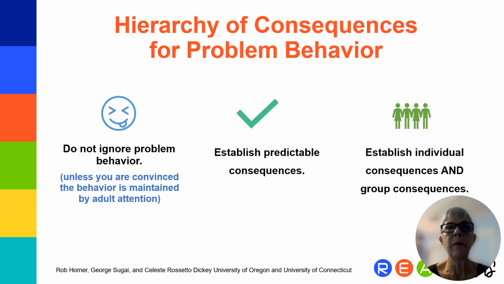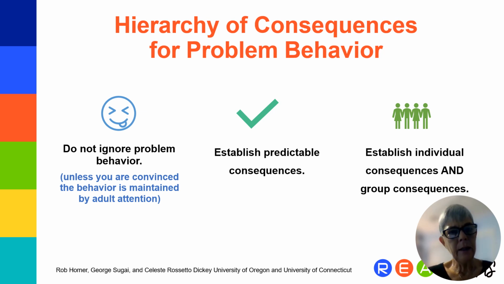The next thing is that consequences should be predictable. They should be established, predictable consequences, meaning if I'm a student in your classroom and I choose to do A, B, or C, I should know what the consequence is going to be before I choose to do that behavior. The other thing is that it needs to be consistent across the students.